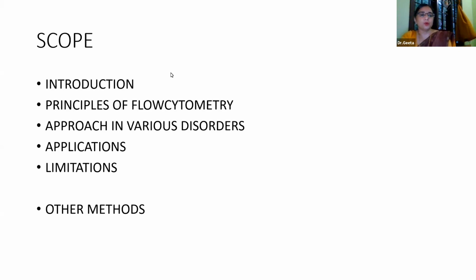In between, I would also be referring to a few genetic tests which are relevant for each case study as we go on. So genetics and the flow cytometer based tests are now becoming essential to hematology practice.